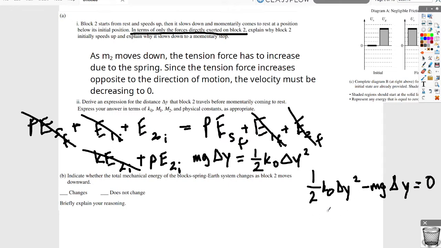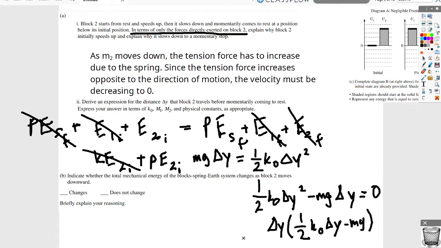You guys can just cancel delta y, but that would be thinking too much like a physics student, and I'm pretty sure some of you don't like physics anyway, so I will teach you the math way to do it. This is how you factor, and that's equal to 0. The reason you don't want to divide delta y on both sides is because 0 is also a solution for this equation.